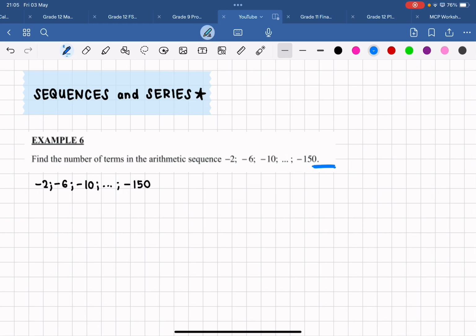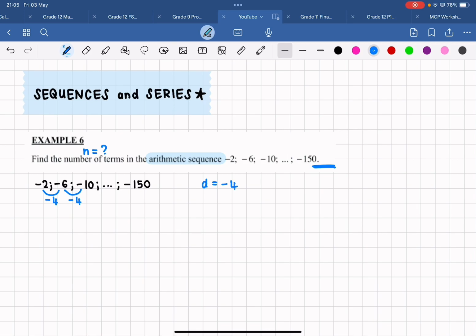Now guys, if they are asking for the number of terms, that means that we are going to have to calculate n. And since this is an arithmetic sequence, we know that we are going to have a constant difference. If I'm looking at my terms here, what am I adding or subtracting each time? Well, it looks like we are subtracting 4 from each term to get to the next. So the constant difference for this arithmetic sequence is -4.